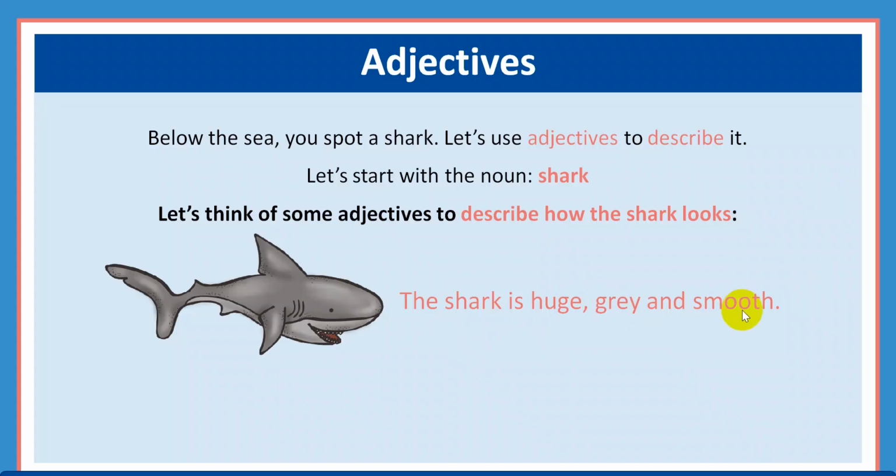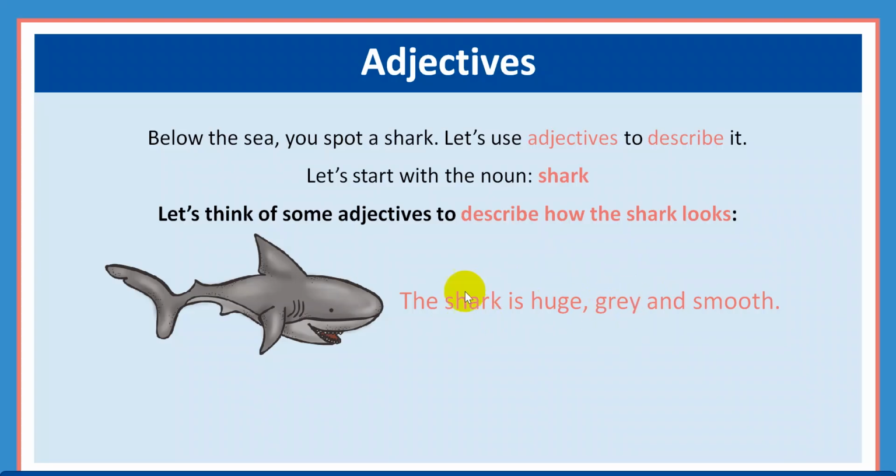Where are the words that we use to describe the shark here? We agreed the shark is the noun. So what are the words that are used to describe the shark? Yes, great. The word huge and the word gray. So we said the shark is huge. Huge describes the size of the shark.